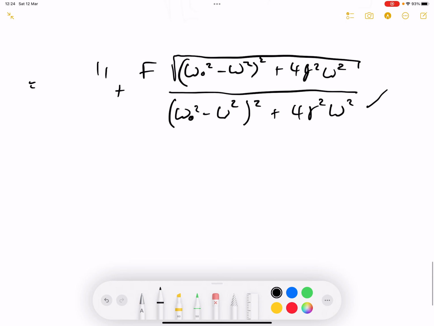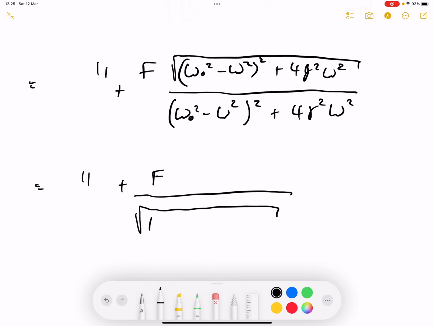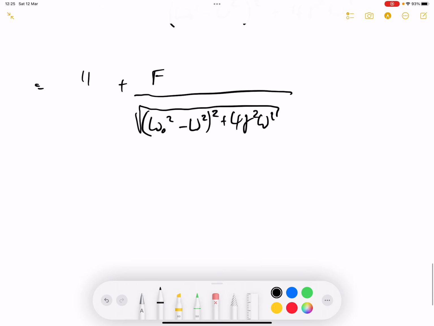See, this is just the top squared. So we're going to do some more ditto marks. Plus f over the square root of omega naught squared minus omega squared, squared, plus 4 gamma squared omega squared. Okay? So that's a very nice result. So this is my steady state part.